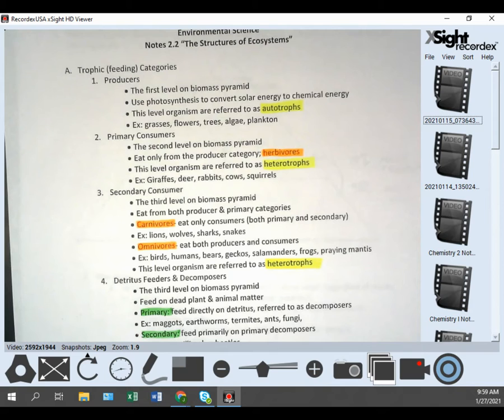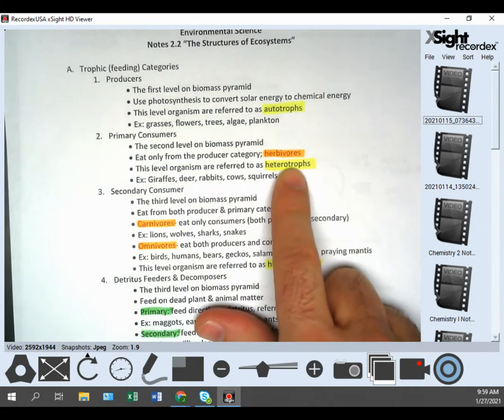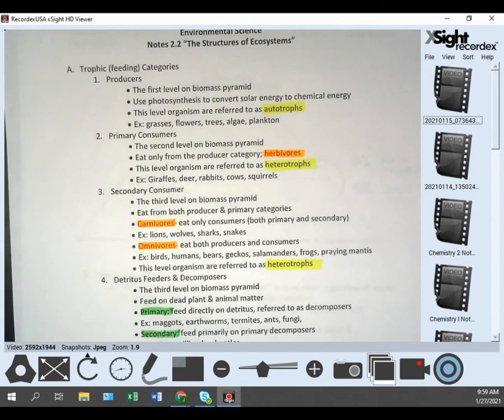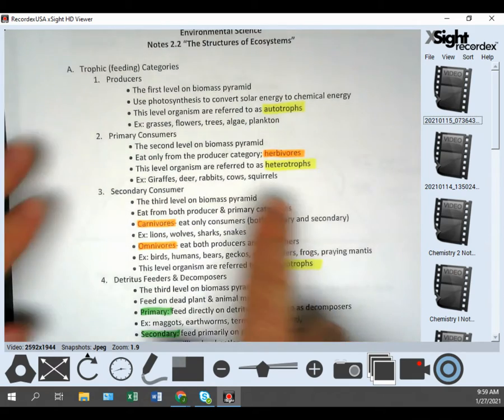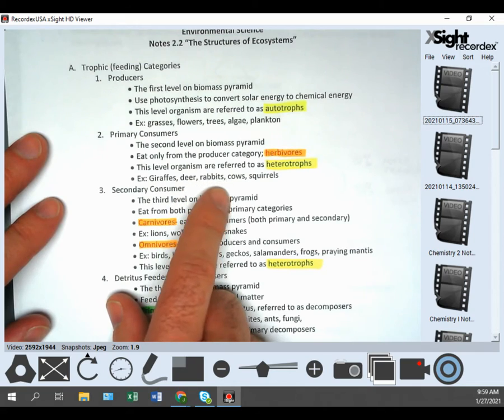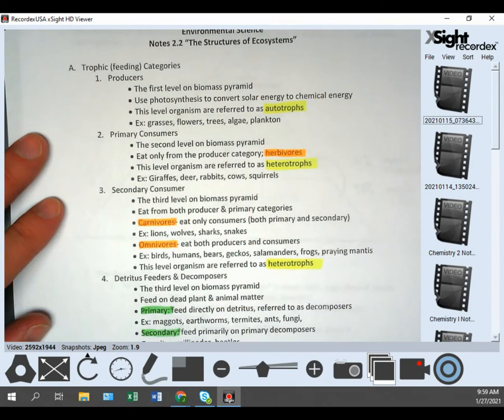If you remember from biology, heterozygous and homozygous, with the genes, heterozygous is where they're different. So heterotrophs essentially mean other or different. These are things that feed on other organisms. They get their energy from other organisms. Examples of primary consumers, the herbivores: giraffes, deer, rabbits, cows, squirrels.